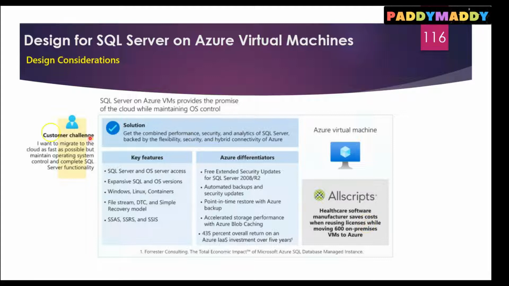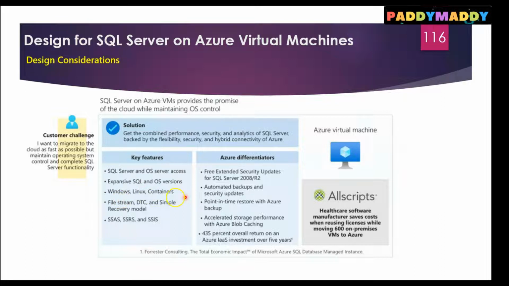Coming back to the key features, SQL Server and OS access are what you get. This company needed full control over the virtual machines and OS-level access, so we were able to host it by migrating the entire VMs. Expensive SQL and OS versions are covered by the hybrid license benefit, so they are paying only for infrastructure cost, not for the OS or application layer license.